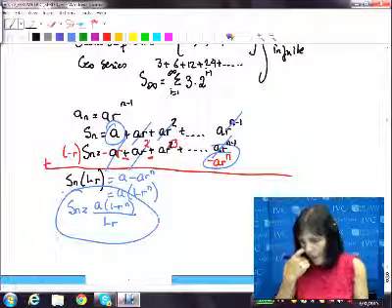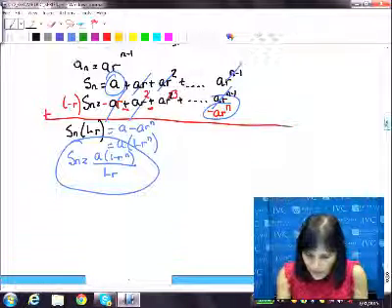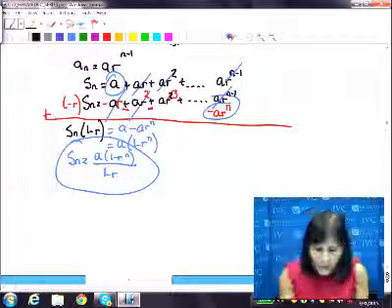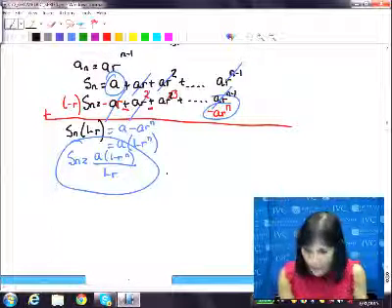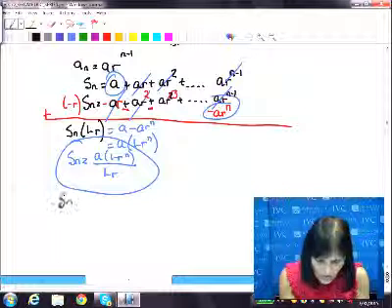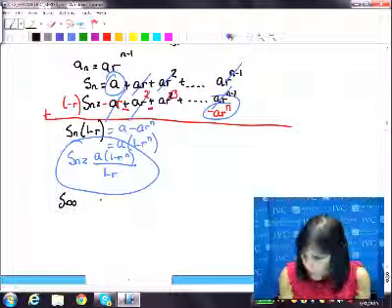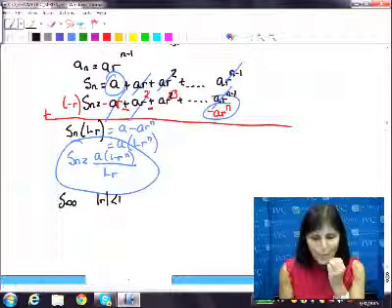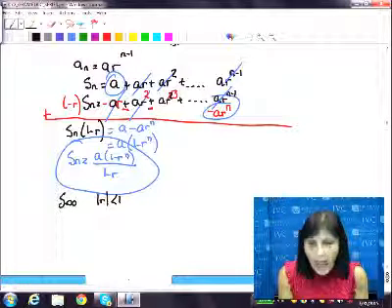Now let's look at what happens if instead of stopping at n, it kept going. Let's say I want to find out what this is when my absolute value of r is less than 1. What will happen to it? You're raising to the power n.